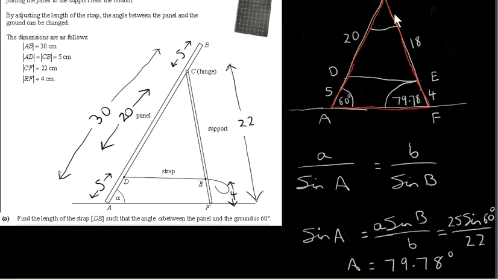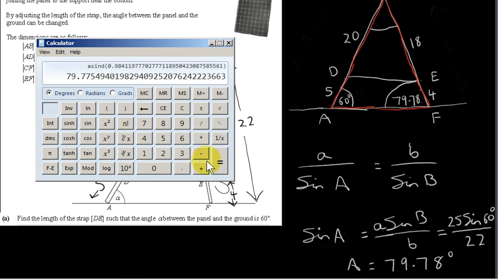Now we can get this angle up here. So we add this onto 60 and we take from 180. 3 angles add to 180, so to 2 decimal places, the angle at the top is 40.22.